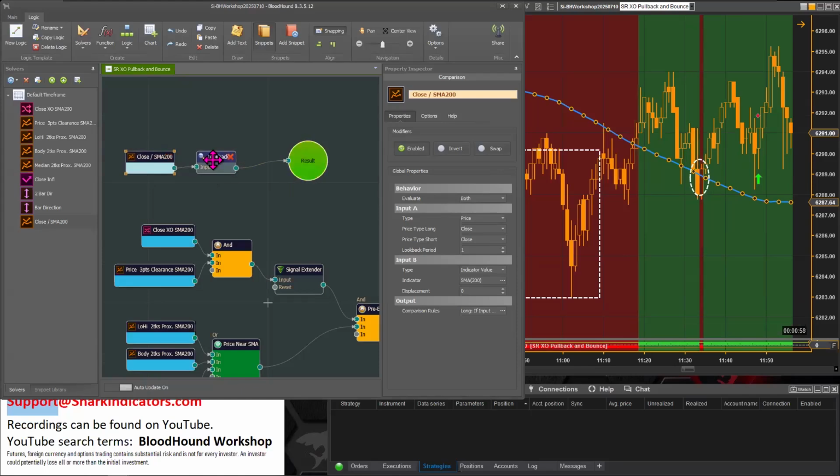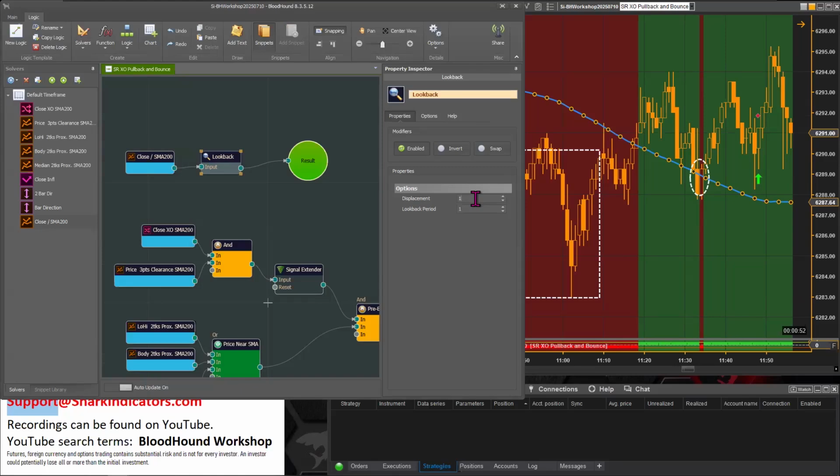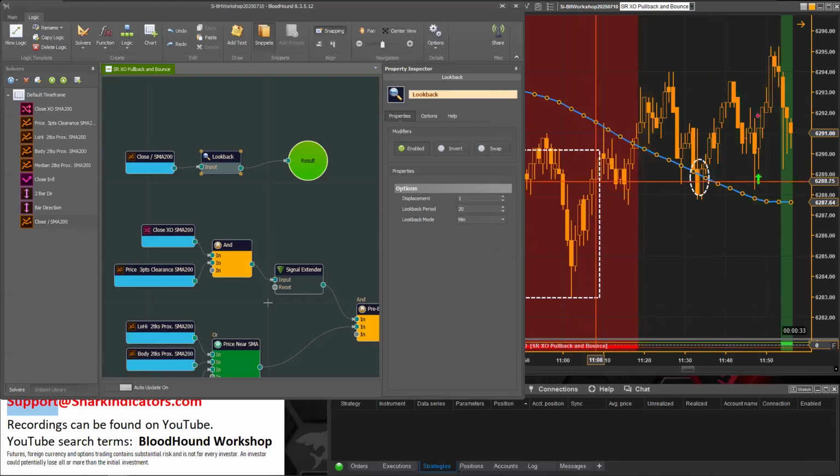So with our look back solver, we do need that displacement set to 1. But then our look back, maybe 20 bars is good enough. And we want price to be on one side of the market for a minimum of 20 bars.